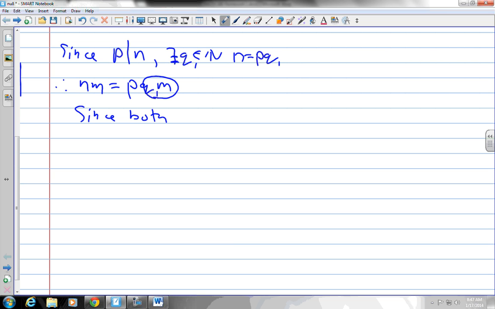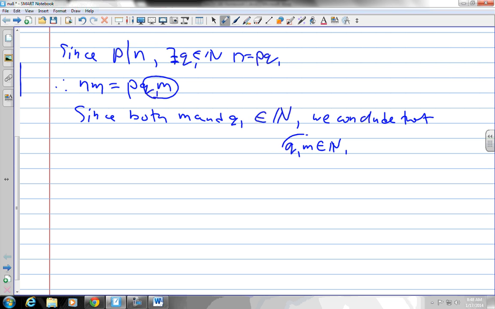Since both M and Q1 belong to the set of natural numbers, we conclude that Q1M is also a natural number, right?